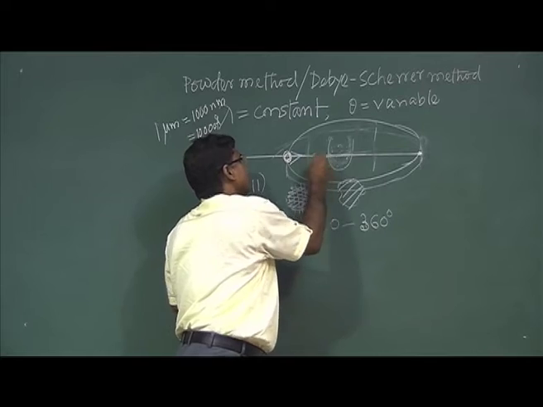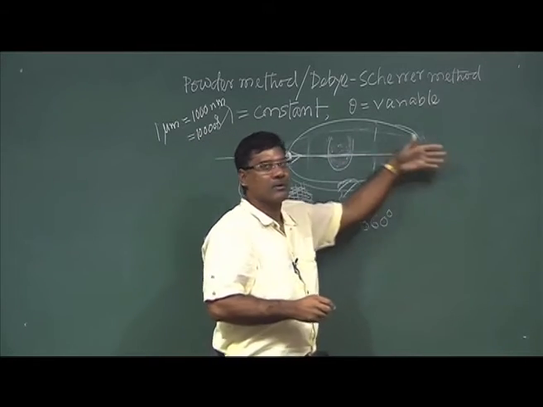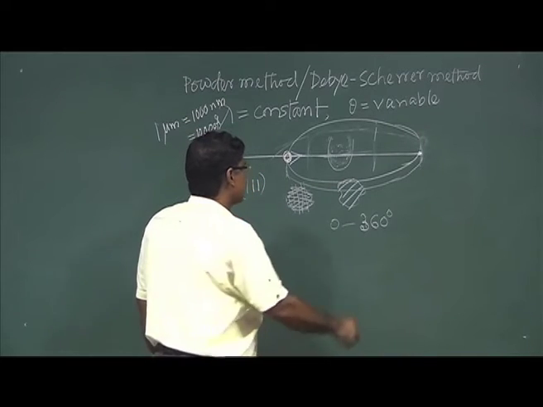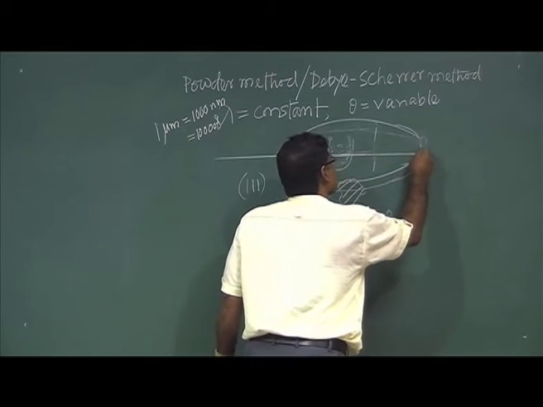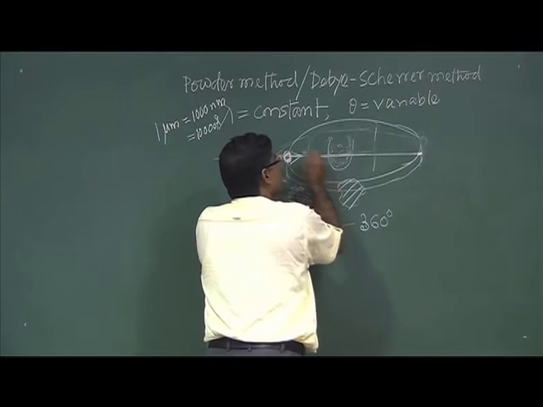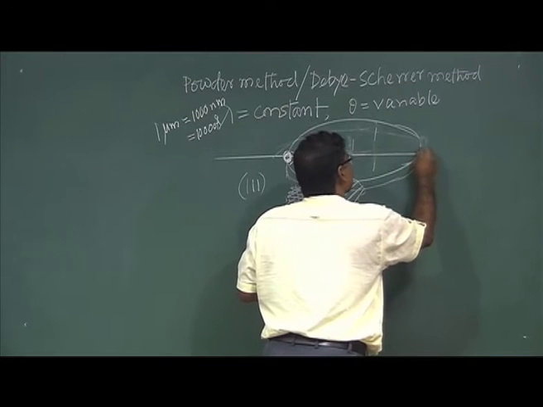Reflecting backward and reflecting forward along the incident direction. So here basically we keep one hole, and here also we keep one hole. Okay.